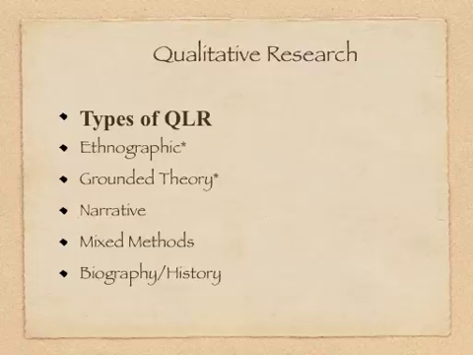Biography/history is a form of narrative in which you write and record the experience of a person's life, but the research is constructed basically from records and archives of somebody, the history, whereas in another narrative you can talk to people and get more firsthand accounts.